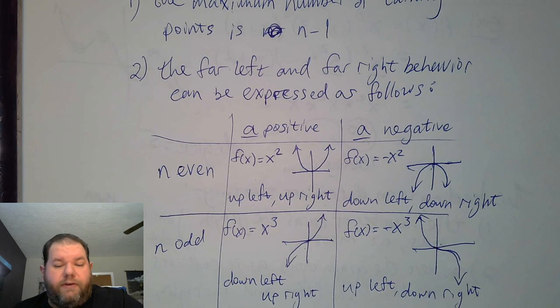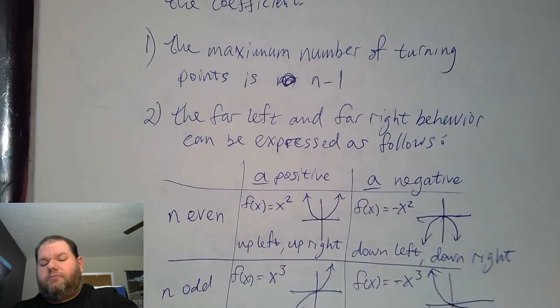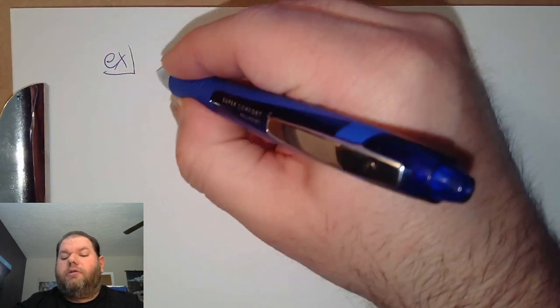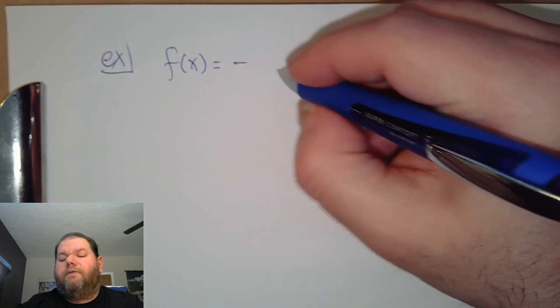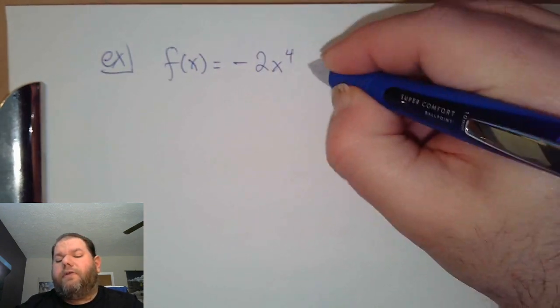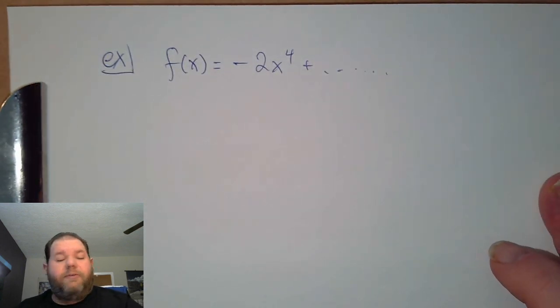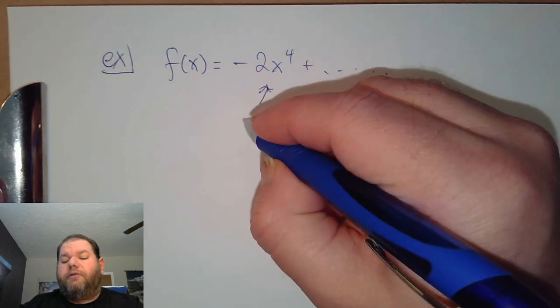So for instance, for an example, f of x equals negative 2x to the fourth. And again, we don't really care about the rest of the terms as far as the leading term is concerned, because that's our leading term right there.